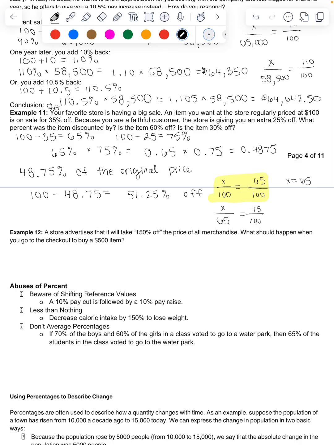Now I'm going to have to cross multiply because it's not a super easy problem. So I've got 65 times 75 equals 100x. 65 times 75 is 4,875 equals 100x.